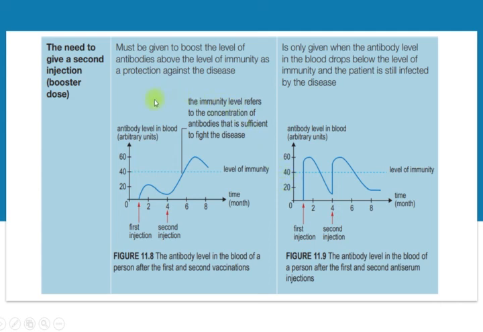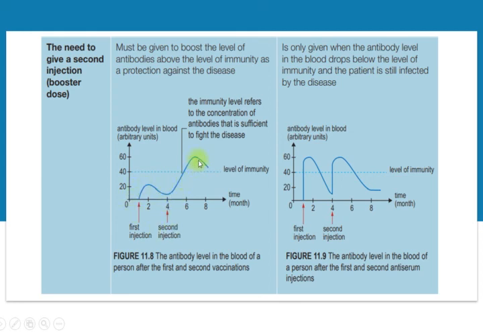So make sure you can differentiate the graphs. Remember, this is the graph for artificial active immunity, or the vaccine injection.